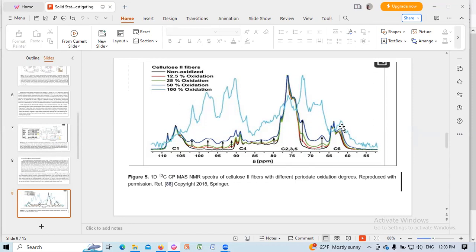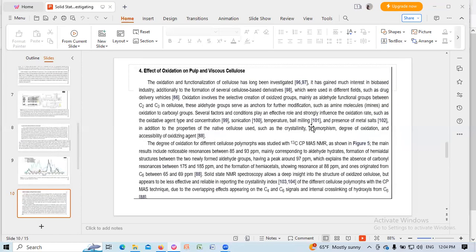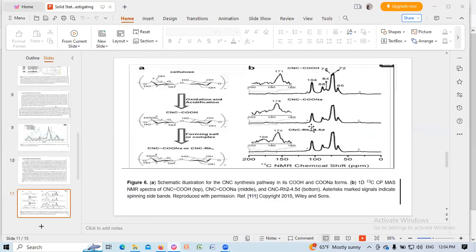The main results include the noticeable resonance between 85 and 93 ppm, mainly corresponding to aldehyde hydrate, and formation of a hemialdol structure between two newly formed aldehyde groups, having a peak around 97 ppm and originating from C6 between 65 and 69 ppm.